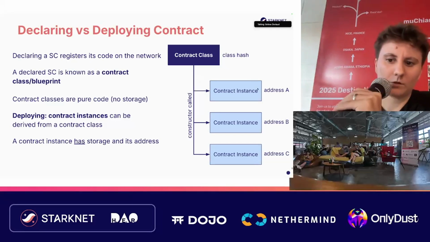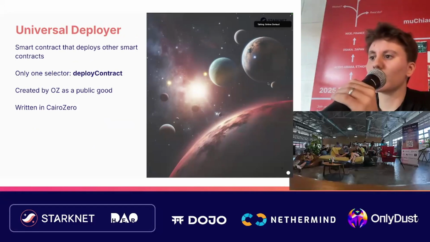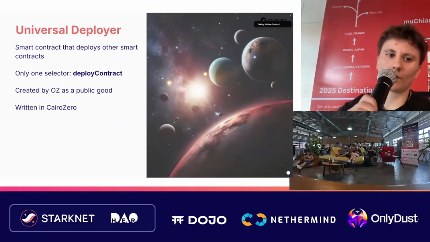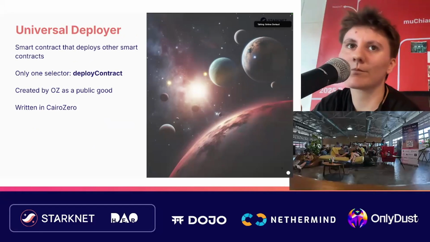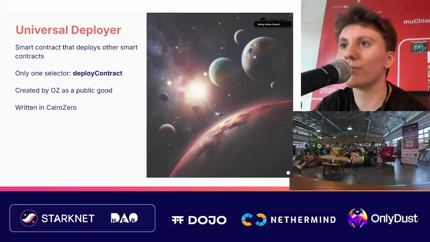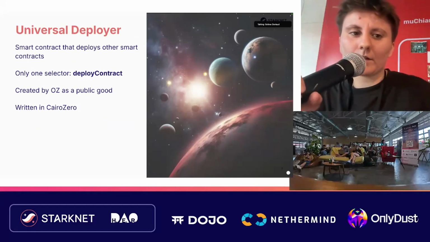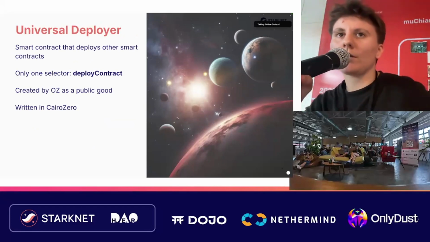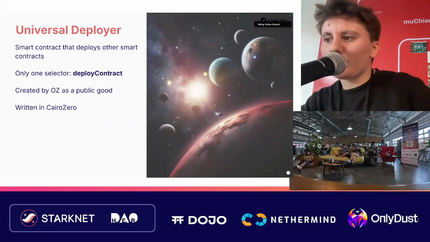And for deploying, Starknet is using a universal deployer. This one is a special smart contract that deploys other smart contracts, and it's directly incorporated for account abstraction.